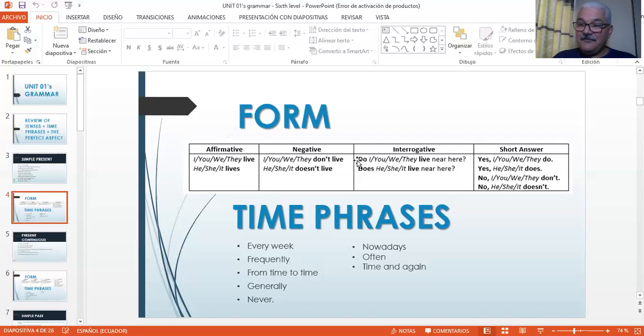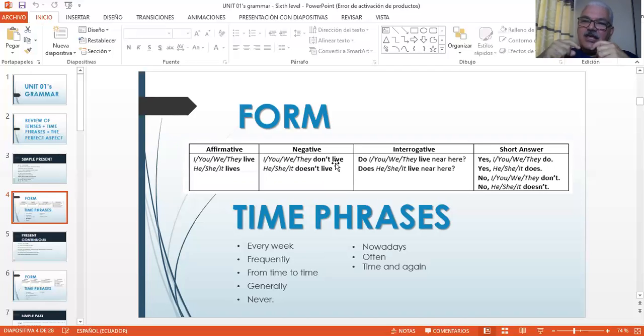If it is negative, for the first group, I, you, we, and they, we use don't, the auxiliary do with the not particle, and then we add the verb. In this case, we say, I don't live in Spain.